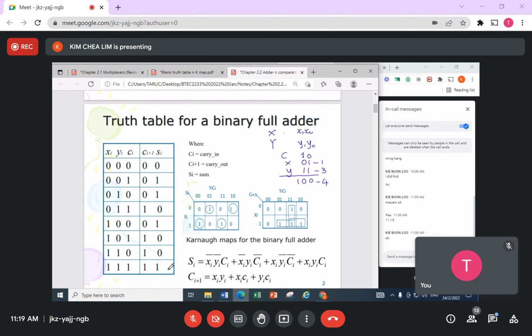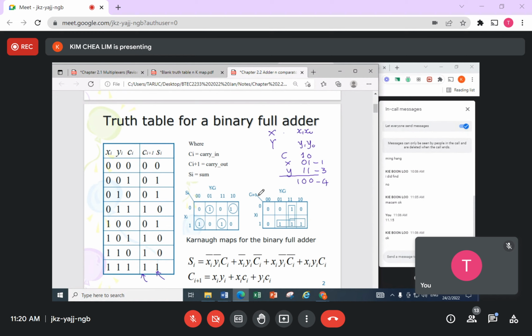All right, so this is a table. And now let's say I want to do a design based on this full adder. Based on this full adder here, I will design the carry out and another one, my sum. Since this is 3 input, I am going to prepare a Karnaugh map.